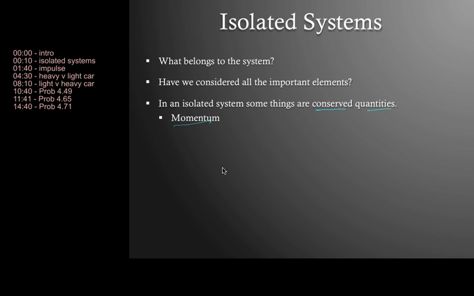For instance, if we look at you riding on a skateboard and you have some initial velocity, if we just consider you riding on your skateboard, we couldn't quite consider that an isolated system because we know that as you continue down the road, there'll be some distance at which you'll stop.